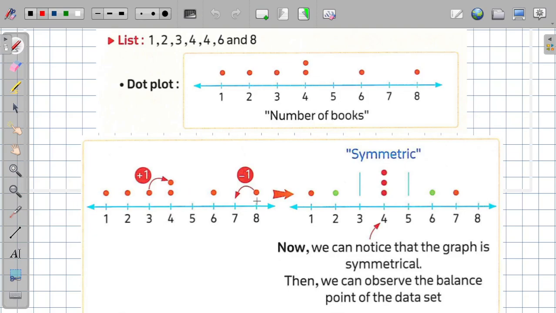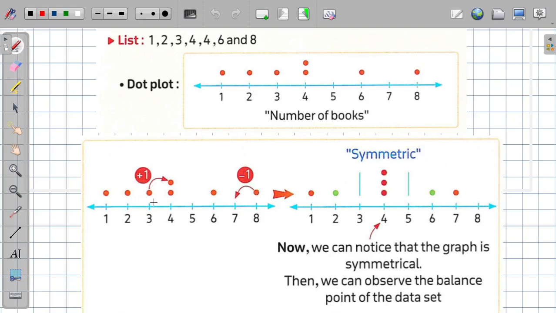So here I moved the dot of 8 to the left, to 7. So I will move another point, like 3, to the right direction, one step like I did with the dot of 8.